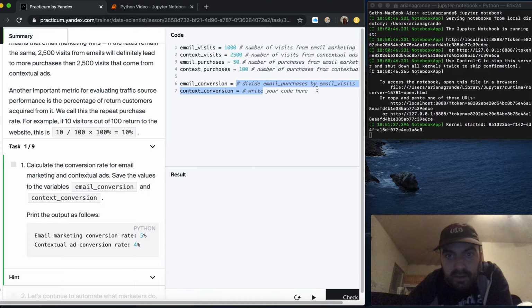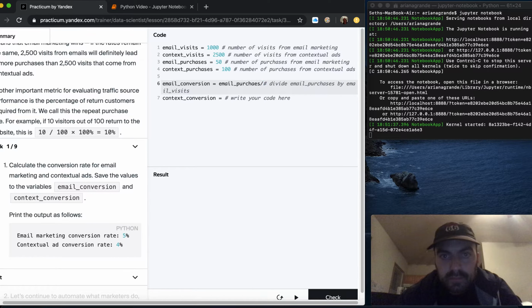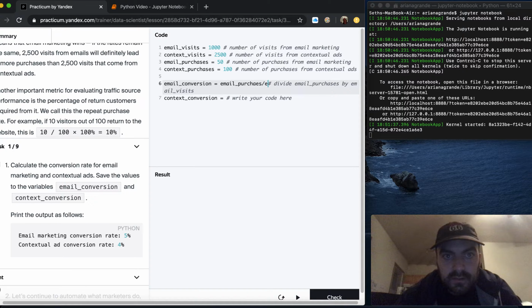Okay, so the email conversion is, they tell us, email purchases divided by email visits. And you'll remember, since these are both integers and we're going to want a decimal here, we should cast this to a float.